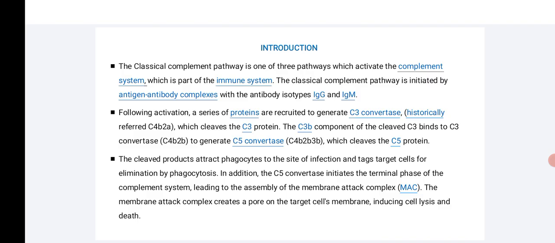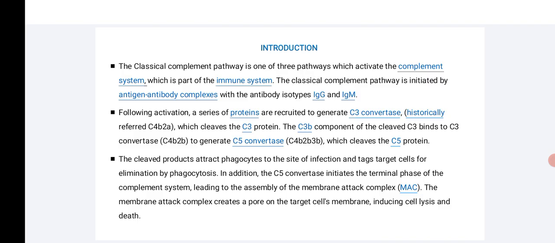The C3b component of the cleaved C3 binds to C3 convertase to generate C5 convertase. The C5 convertase, containing C4b, 2a and 3b, is going to cleave the C5 protein.